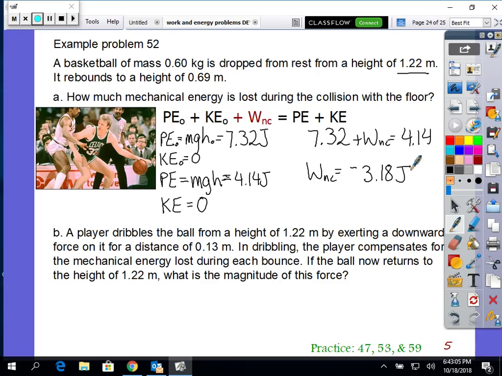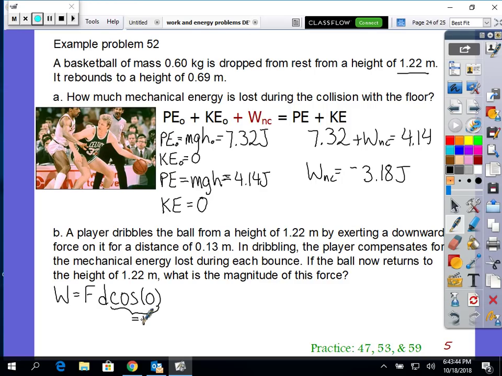So the player is doing 3.18 joules of work, adding that energy to the system because it's going to be removed by the energy lost in the bounce. So the work is going to be the force he exerts times the distance over which he exerts it times cosine. Now the force is in the same direction it's moving, so it's cosine of 0, and cosine of 0 equals 1.